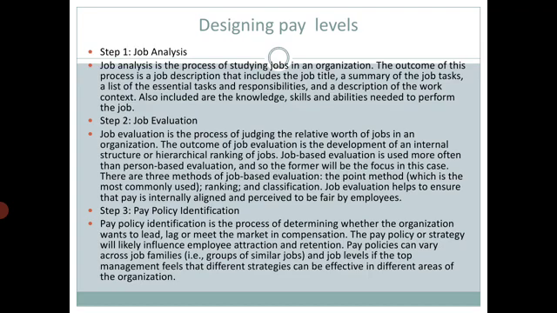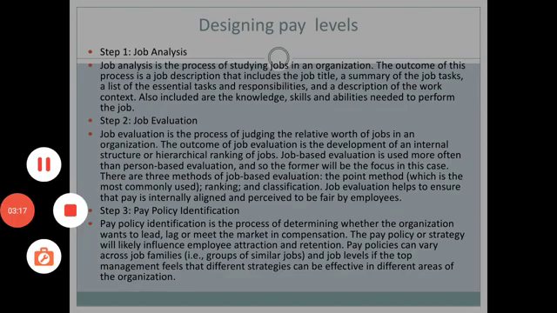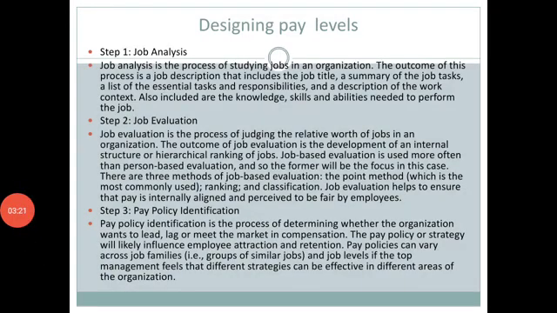A list of essential tasks and responsibilities means what that person is supposed to do and what his responsibilities are. Then the description of work context means what he is required to do. All these things are included under job analysis.